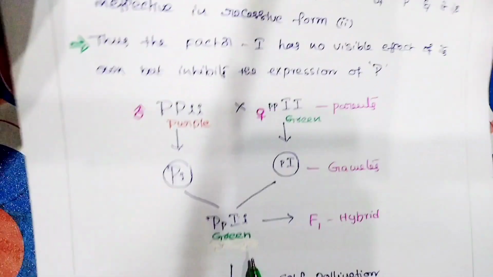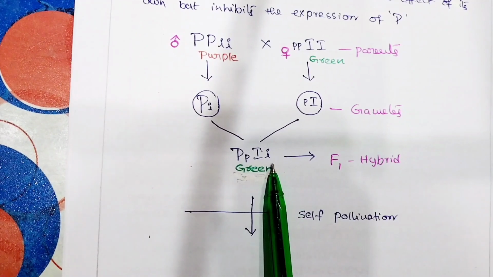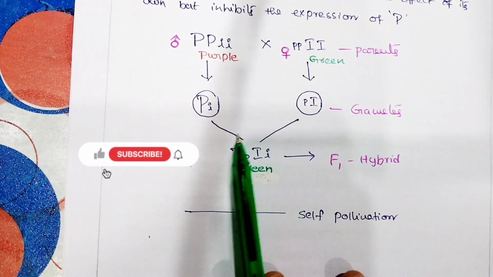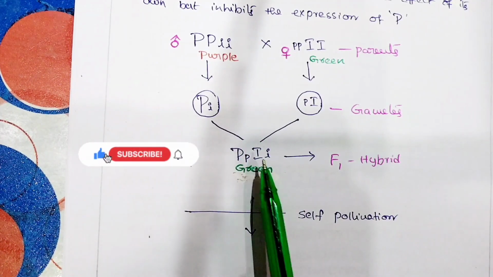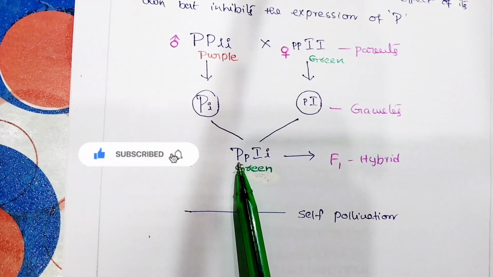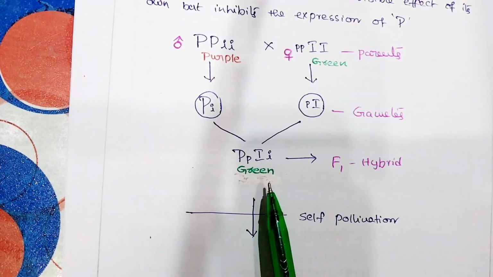Here both capital P and capital I are present. That's why it is producing green leaves. Why? Because capital I is present, it is suppressing the expression of capital P. So that's why the F1 individuals are green in color.